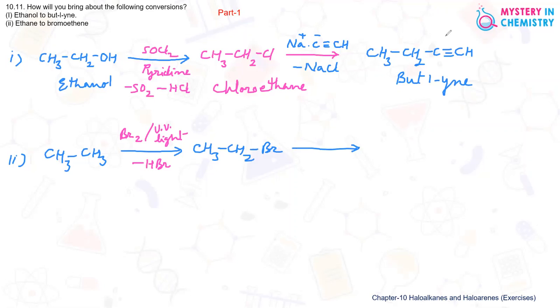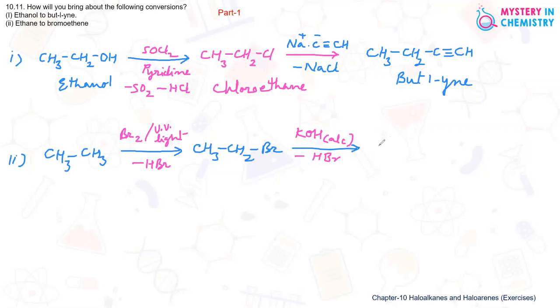After that, in the next step again we have to use some reactant to convert this to alkene, and for this alcoholic KOH should be used. So KOH is alcoholic, and by this HBr is removed.